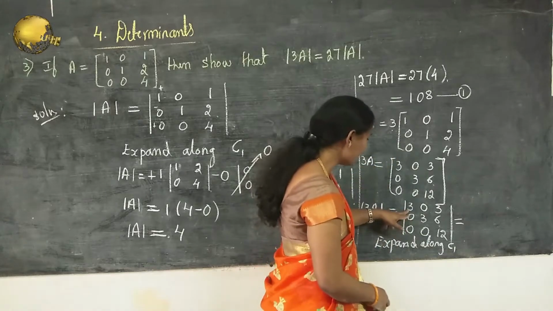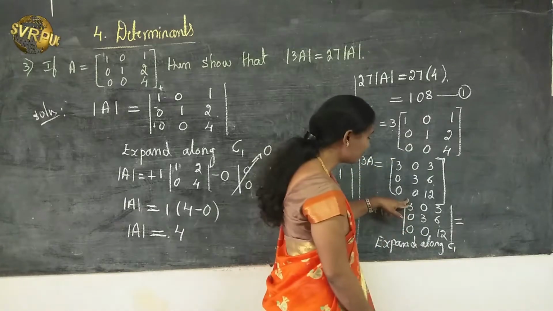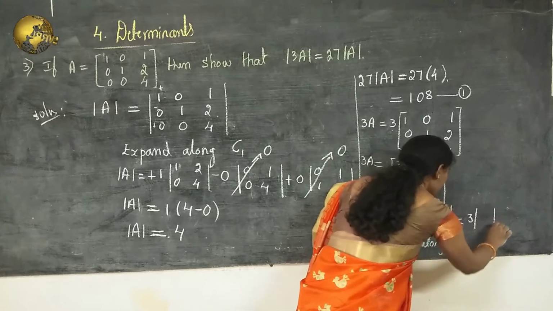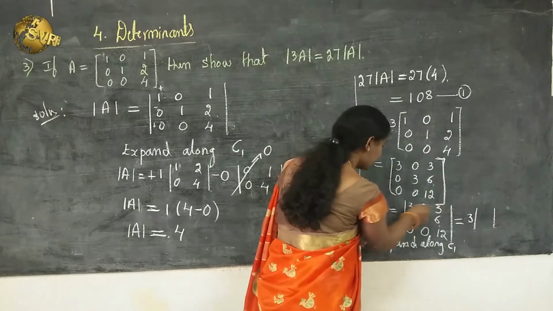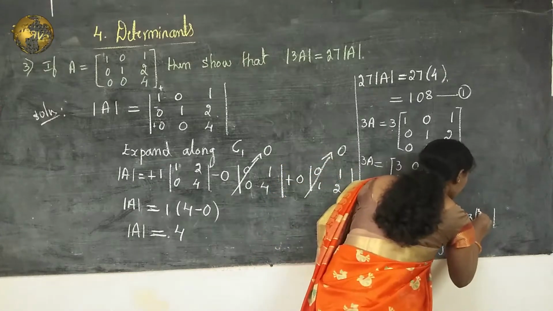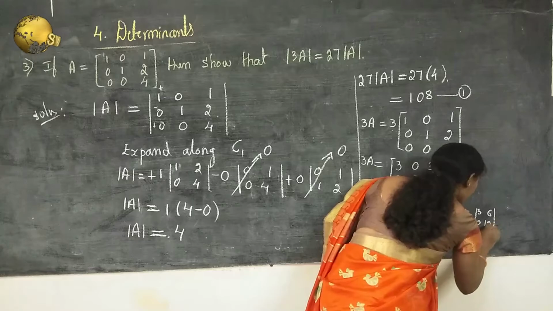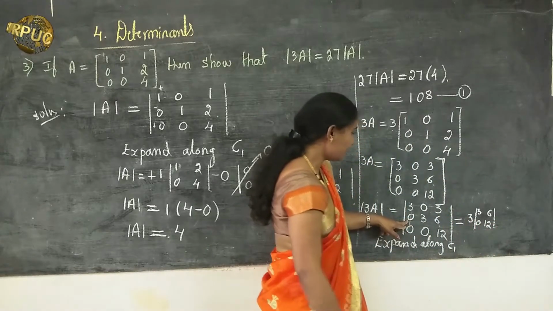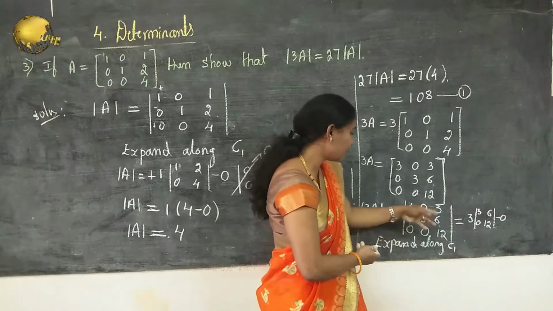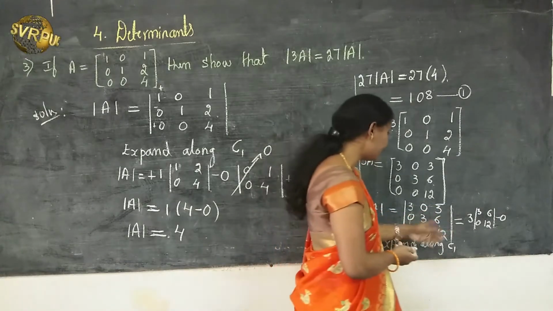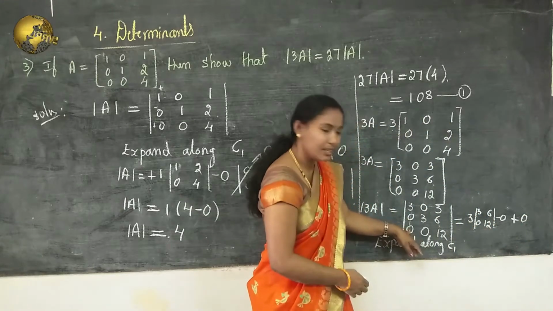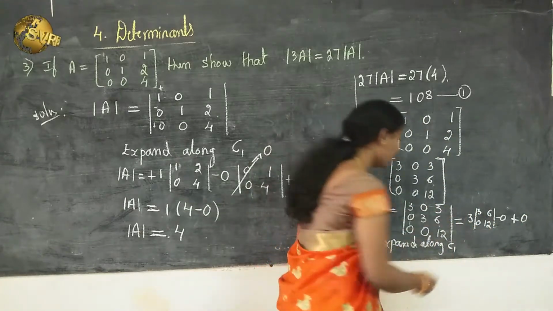So 3 is the first element, and the position signs are plus, minus, plus. So it is 3 into the determinant of the remaining elements after neglecting the first row and first column: 3, 6, 0, 12. Then minus 0 into the determinant is gone, and plus 0 into the determinant is also gone.